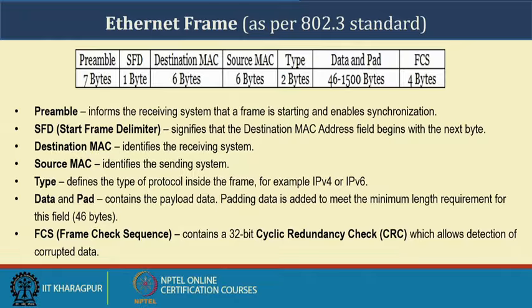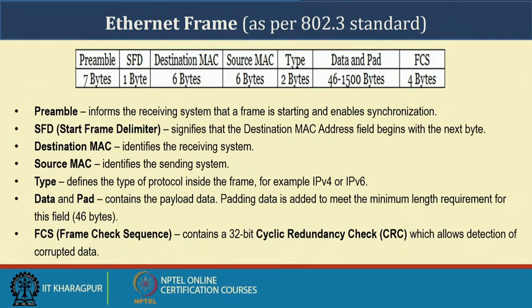Typically, for example, it may be IPv4 or IPv6. Data and pad contain the payload data received from the higher level protocol, and padding data is added to meet the minimum length required for the field. The minimum length required for this field is 46 bytes, so the padding is added for that.